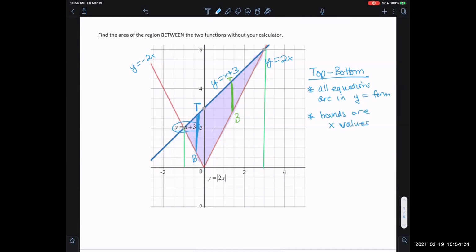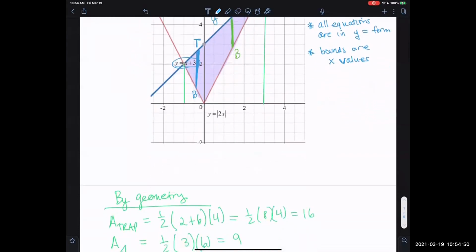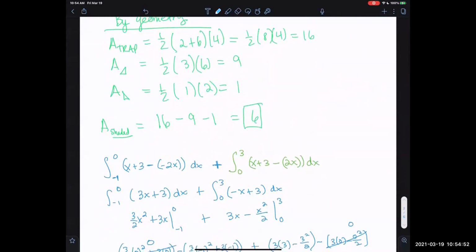Now, this will play a role as we move forward in 6.2 and then into 6.3. Those are big issues. And you're thinking to yourself, well, it's not any different than what we've been doing. And that is true. However, when we move on to the next example and in other problems you'll see on your AP exam, there are other ways to calculate these where the y equals form might change and the x values as bounds might change. Okay, so let's scroll to the next example.